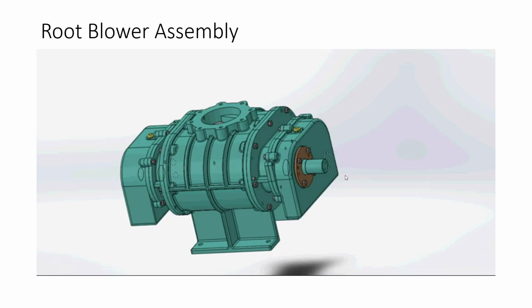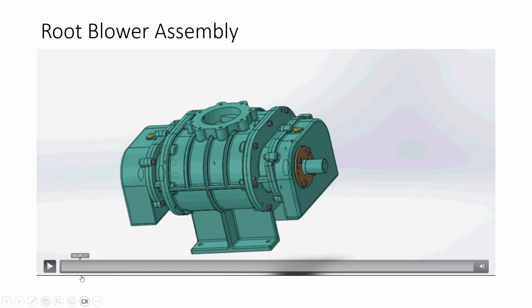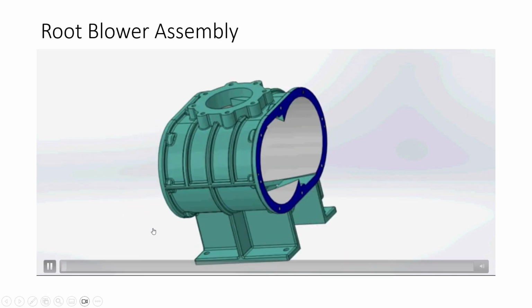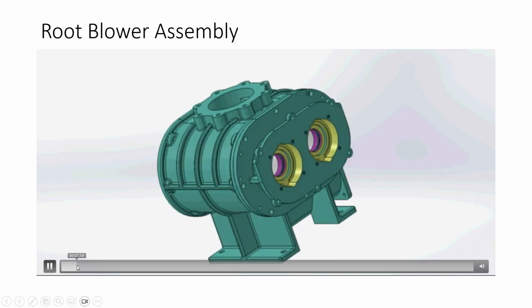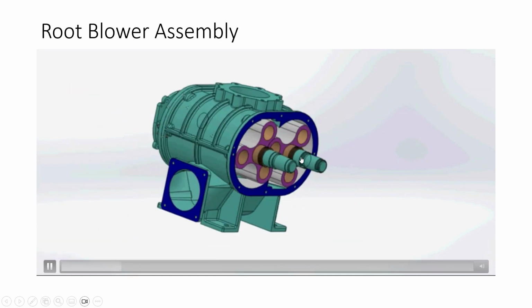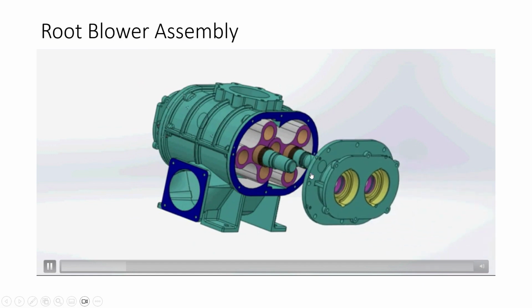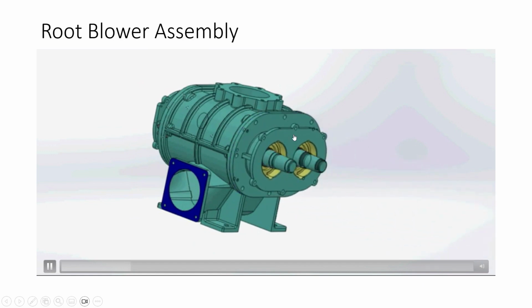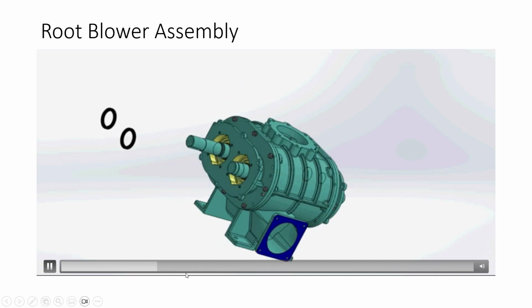So here we will be seeing the assembly of a lobe compressor. This is the housing of the lobe compressor. On this housing we will be putting this side cover along with the bearing housing and tightening them with the screws. We will be inserting the two rotors, and then on the other side we will be putting again the bearing housing and securing it with the screws.